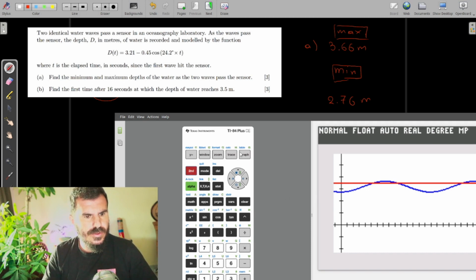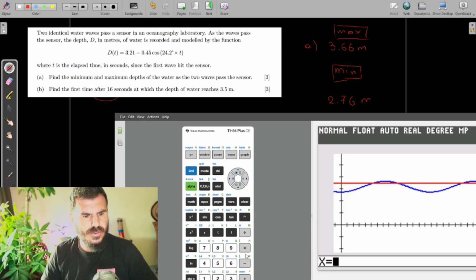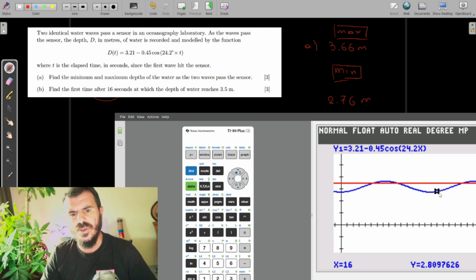So second trace again, and I want the value when x is 16. Where is that? So it's here. As you see, the value when the time is 16 seconds is 2.8 meters. But I want after that. I want to see when it is 3.5.